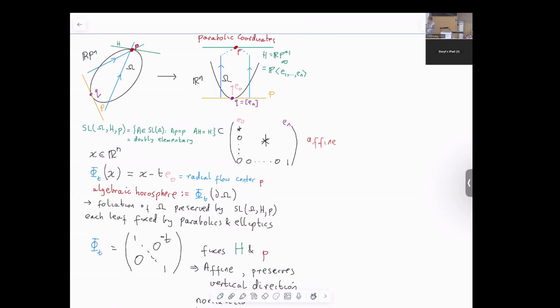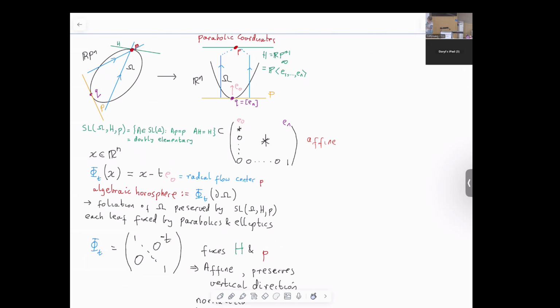So the group of projective transformations that preserve the domain and fix the point P and this supporting hyperplane, this is the doubly elementary group. And in these coordinates, this doubly elementary group is an affine group. It's the following shape. The point P is vector 0 in my basis, and the last vector in my basis corresponds to the origin.